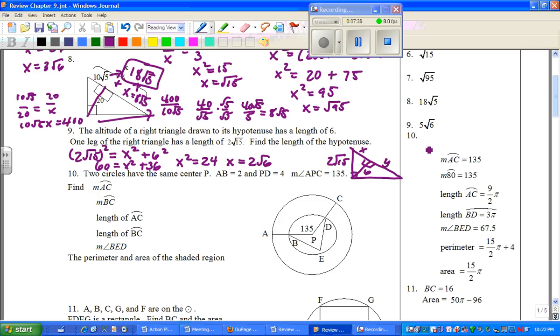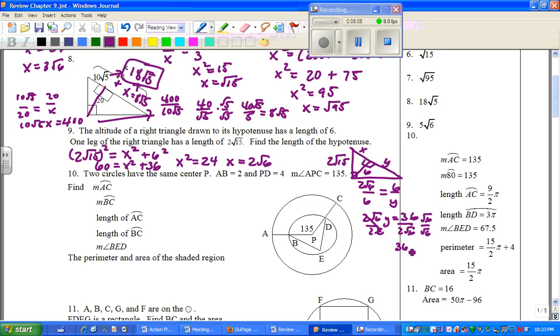Now I'm going to call this piece y, and I'm going to use my part and say that 6 is the shared side. I know that x is 2 root 6, and we got y. So we got 2 root 6 times y is equal to 36. Divide by 2 root 6 to cancel it out. And we get over here, multiply top and bottom by root 6.